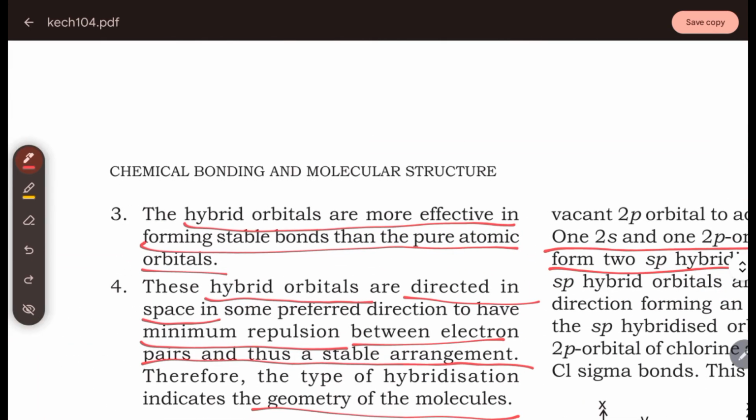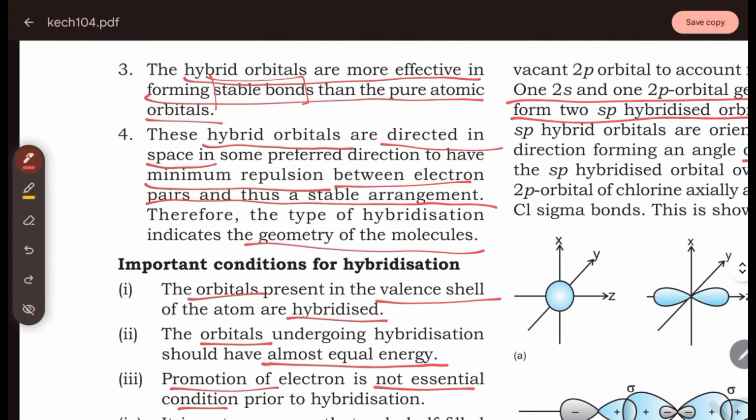The hybrid orbitals are more effective in forming stable bonds than pure atomic orbitals. The hybrid orbitals have directional nature because they have a particular orientation in space, and this orientation is actually to minimize the repulsion between the hybrid orbitals. In order to minimize the repulsion, a particular geometry is attained.